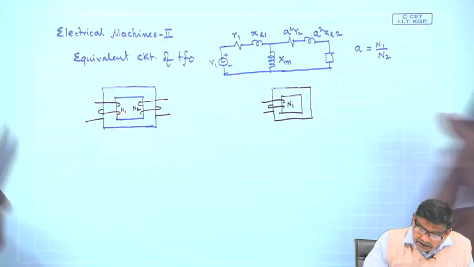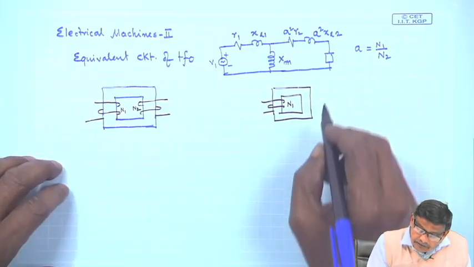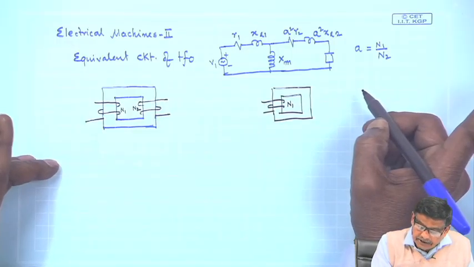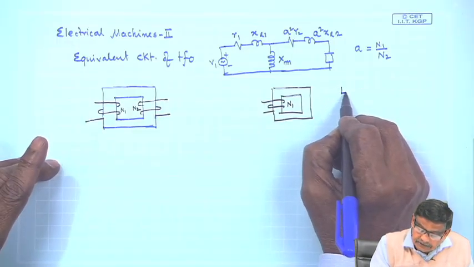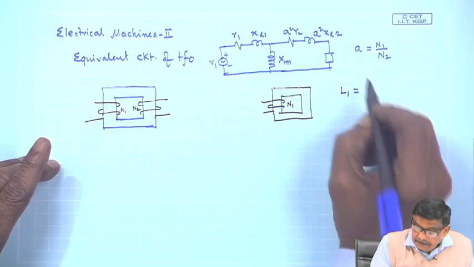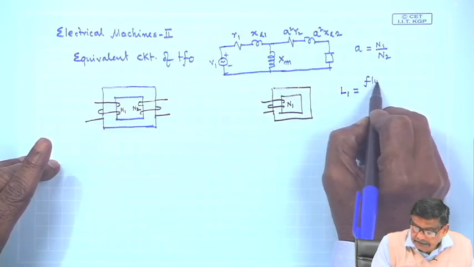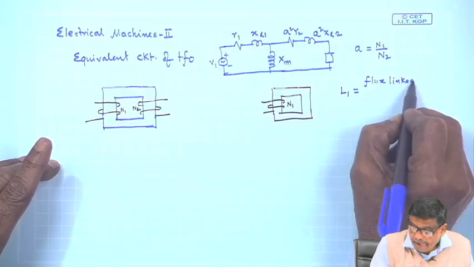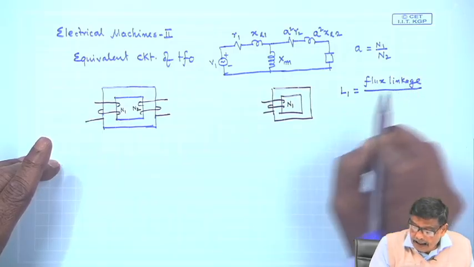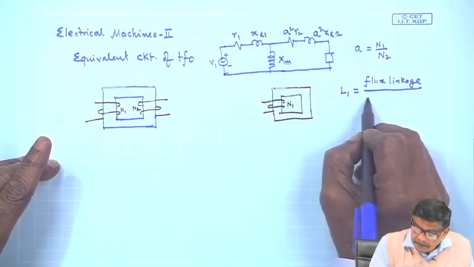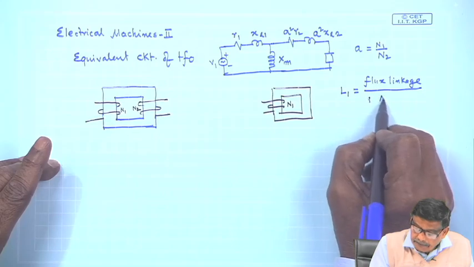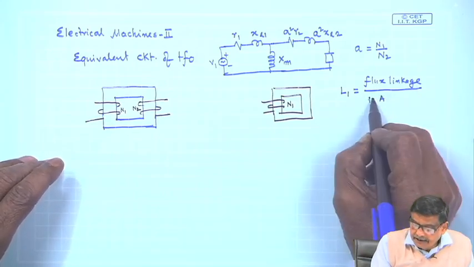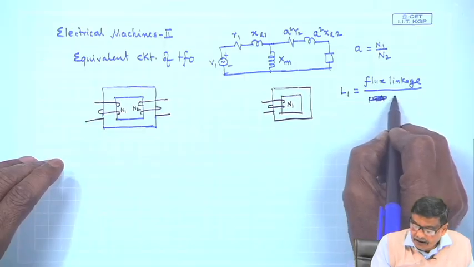Now, to find out the inductance of a coil, we start from the fundamental definition of inductance. Inductance of a coil is flux linkage with the coil per ampere, per 1 ampere. If it is carrying current I, divided by I.